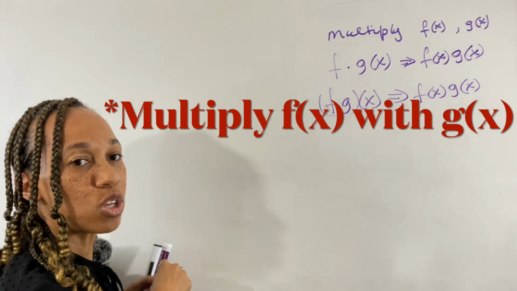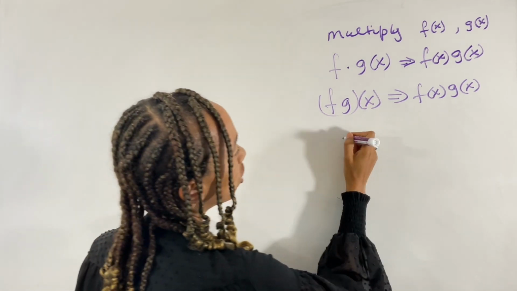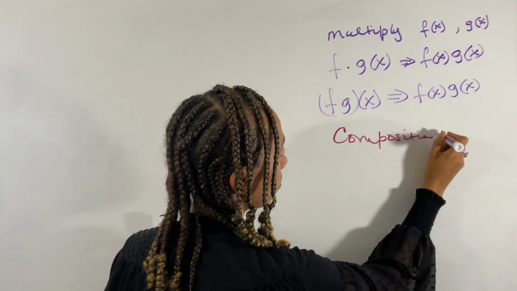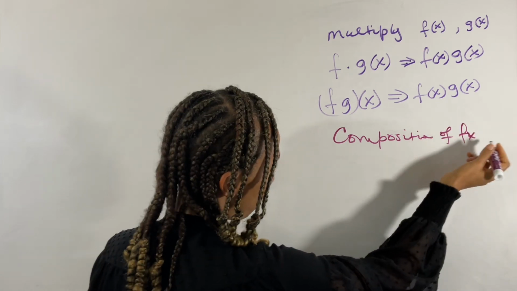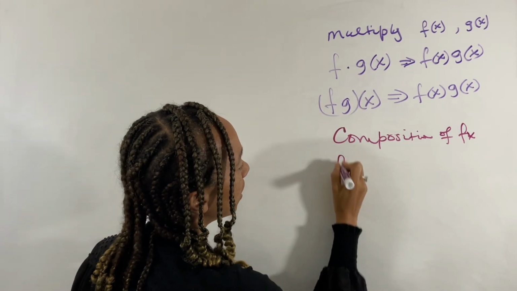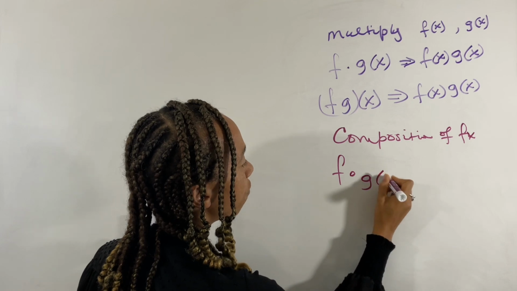Now, I don't want you to confuse this with composition of functions. When I'm writing f of x for function, and you're given f and g, composition of functions is f of g of x.